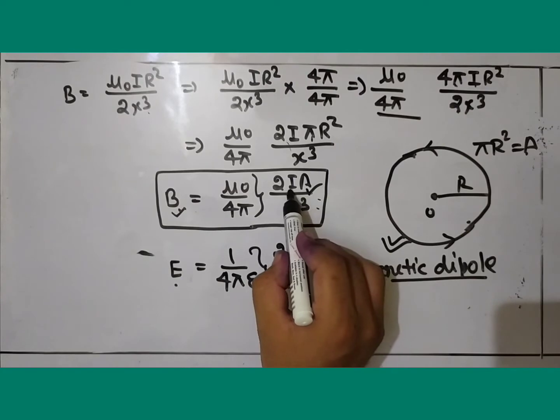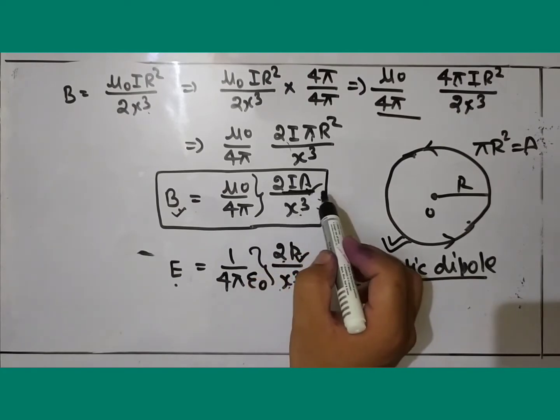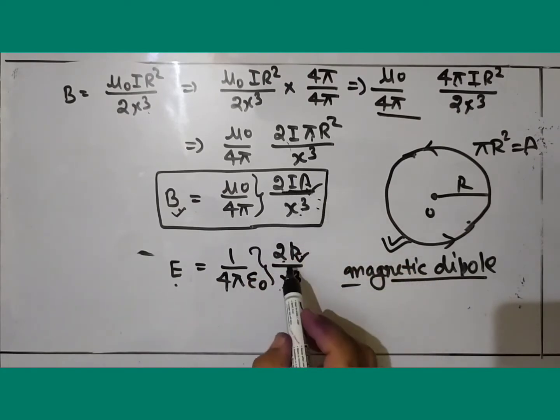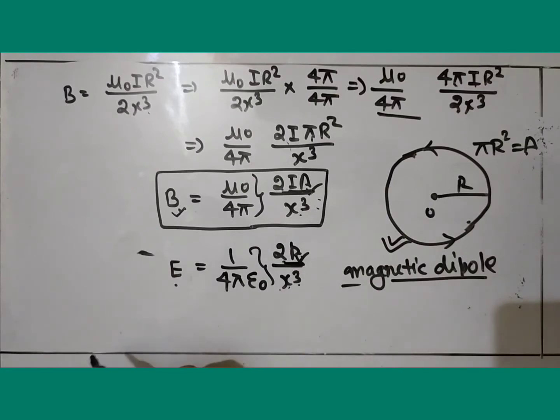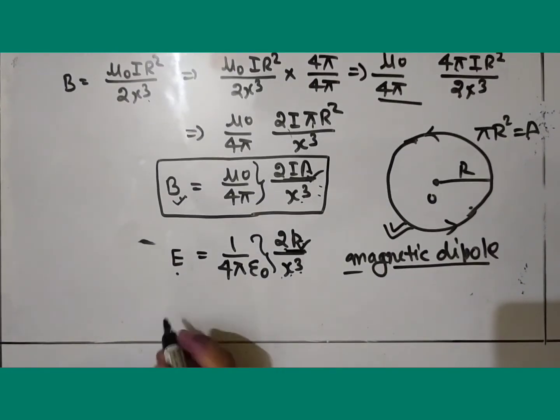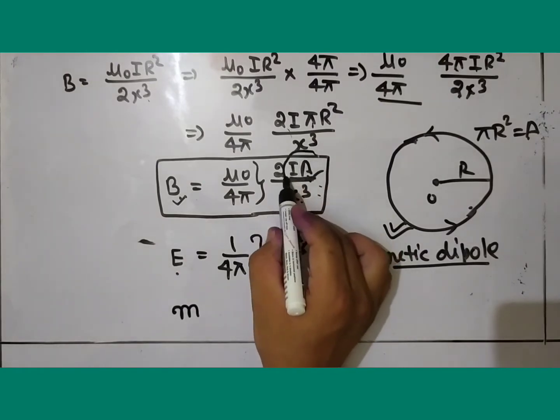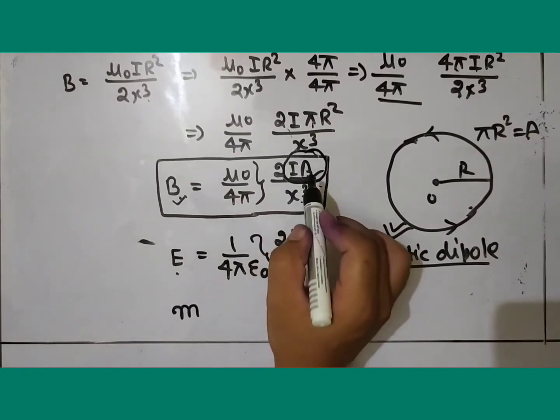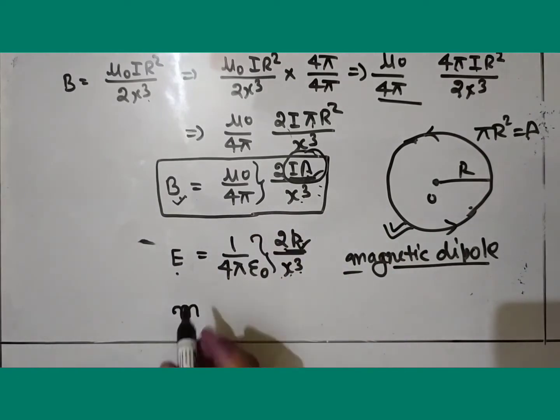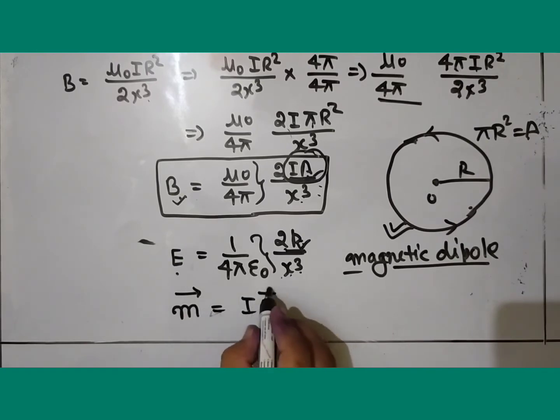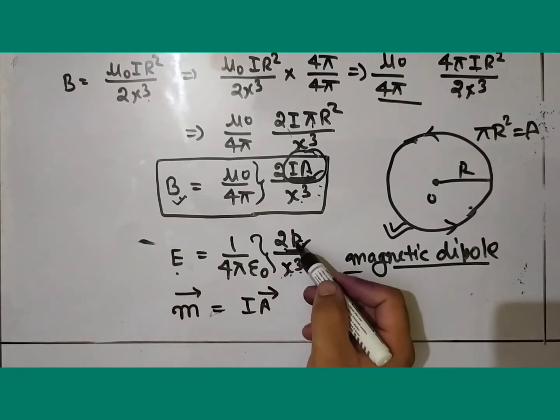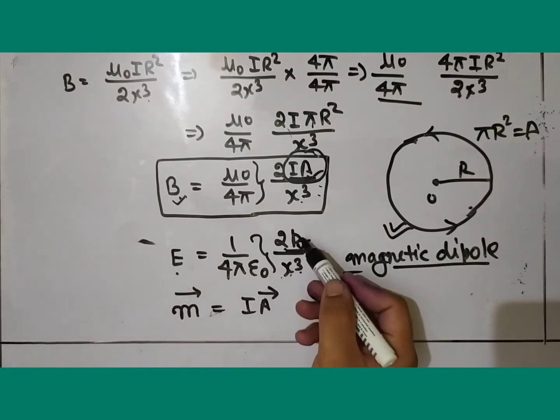So here this term Ia is called the magnetic moment, as P is the dipole moment. It is written as M. The magnetic moment is written as M vector equal to Ia vector, because the dipole moment is a vector quantity.